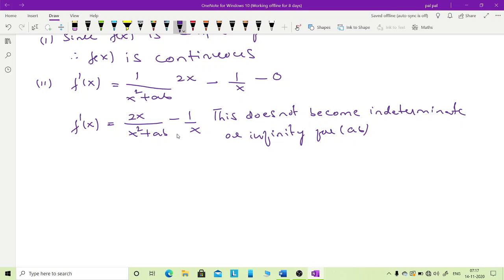So therefore f of x is differentiable. Therefore f of x is differentiable in the interval (a, b).